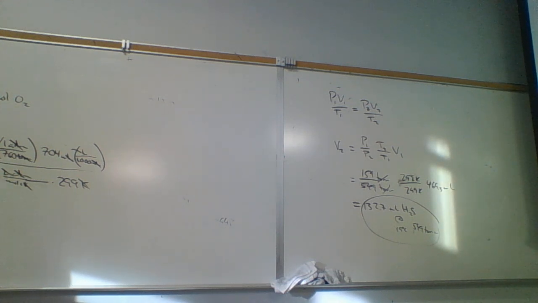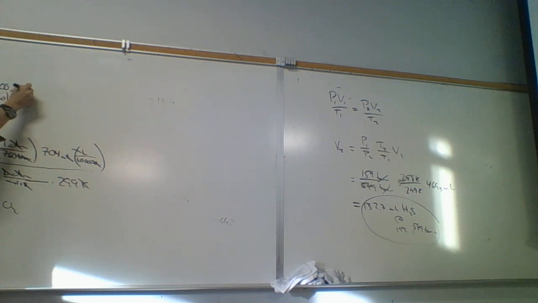So let's figure out how many moles. It's 159 divided by 760 times 704 divided by 0.08206 divided by 299. And so I end up with 0.02 some moles of O2.